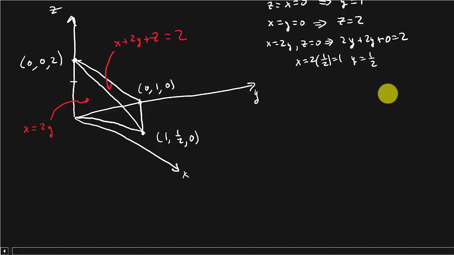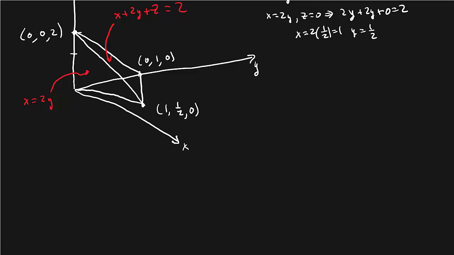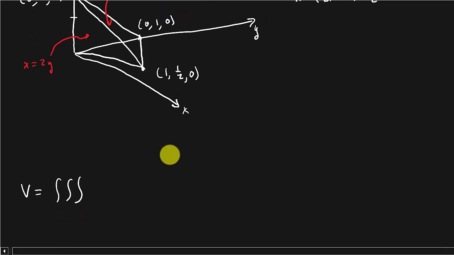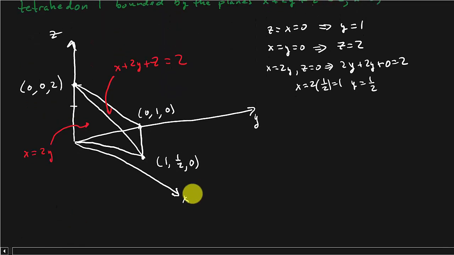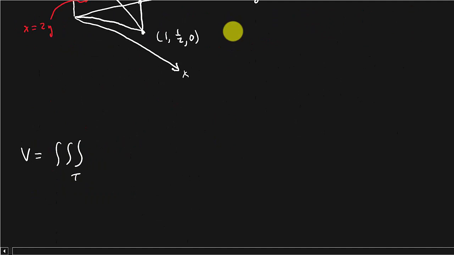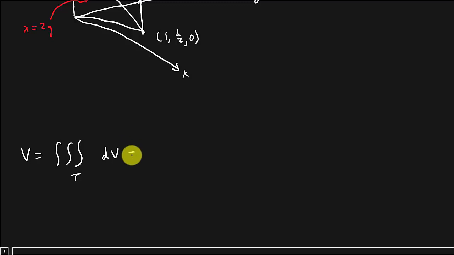This one's going to be similar. The volume is going to be the triple integral over the region T, and that's going to be 1 times dV, because they're asking us to find the volume of that tetrahedron. And so we need to set this up.